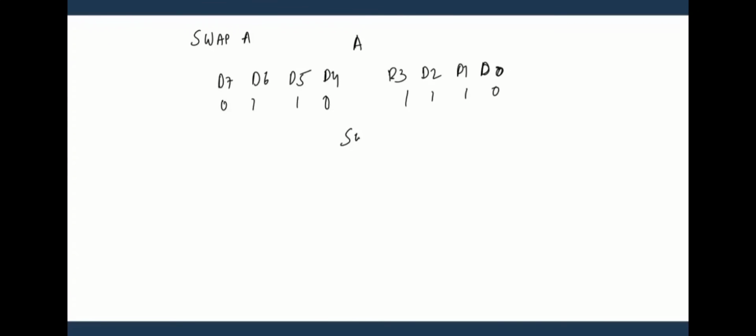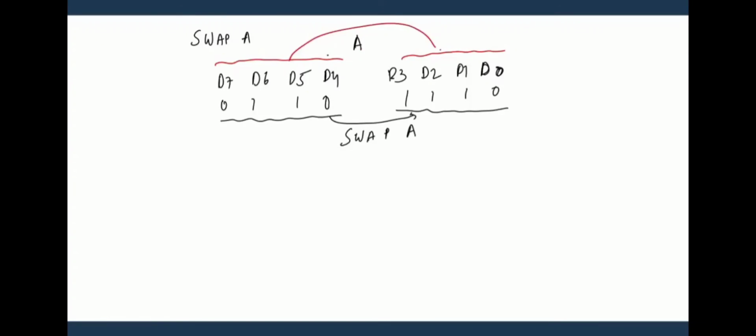If we apply SWAP A, the higher bits go to the lower bit position, and the lower bits move to the higher bit position. We are interchanging the first 4 bits with the last 4 bits. Then our resultant output will be 1 1 1 0 0 1 1 0. What was earlier in the higher 4 bits moves to the lower 4 bits.